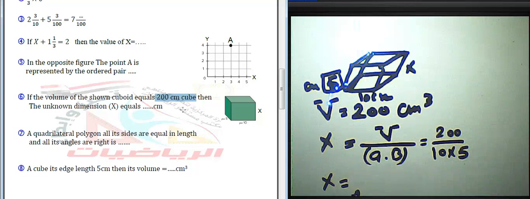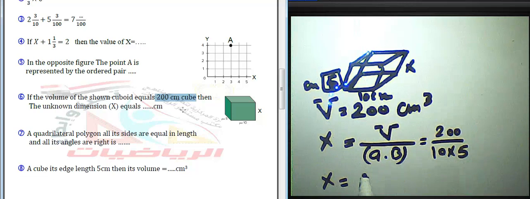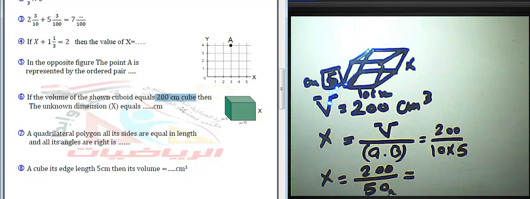Then x refers to the height. The height will be 200 over 10 times 5, which equals 50. You can simplify it: divide 200 by 50, cancel 0 with 0, and 20 divided by 5 equals 4. Then the value of x equals 4 centimeters. So the unknown dimension x equals 4 centimeters, right? 4 centimeters here. Question 7.